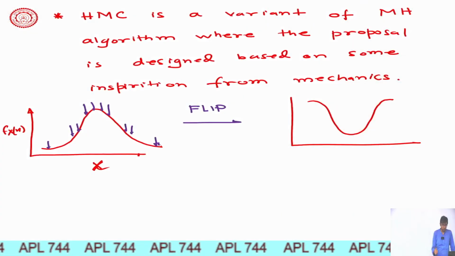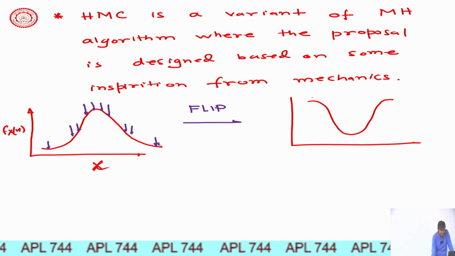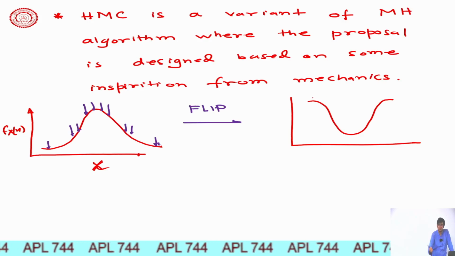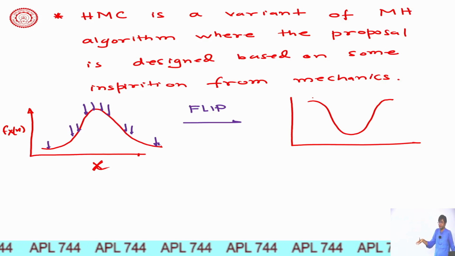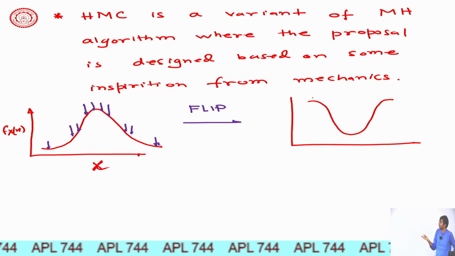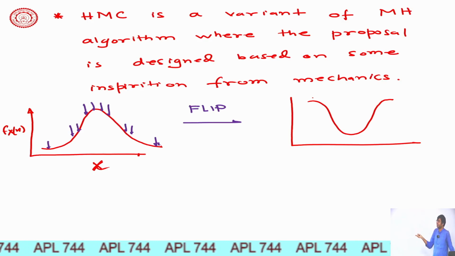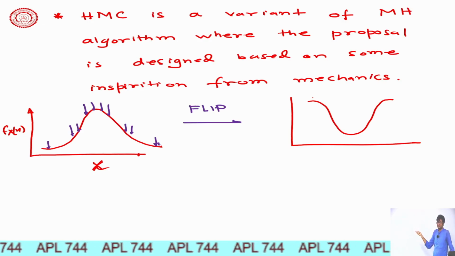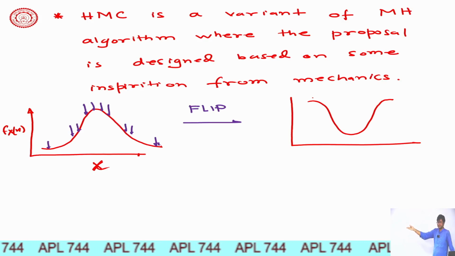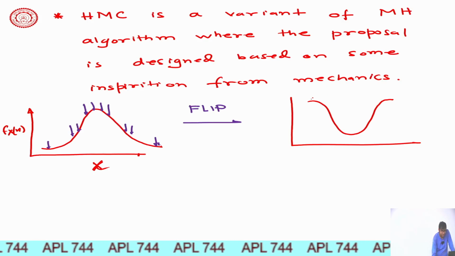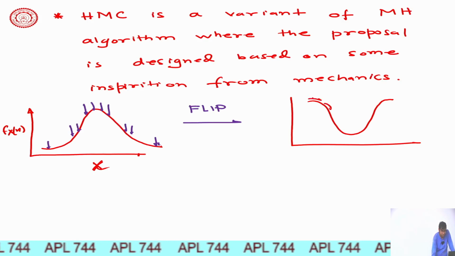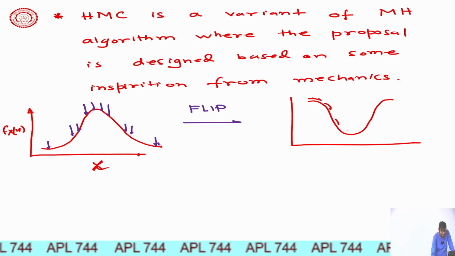Think of a ball that you are letting roll from here, or it is raining and rainwater is flowing. You can imagine it like that. What will you observe? Where will you find the maximum water? At the bottom, right?